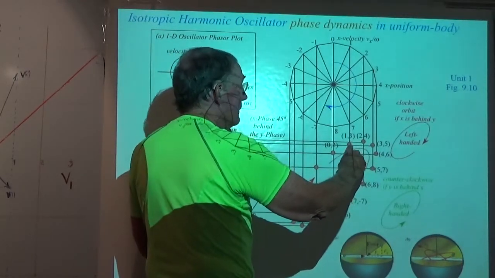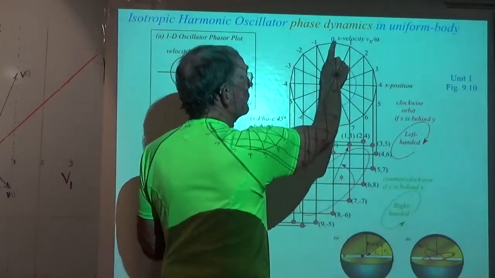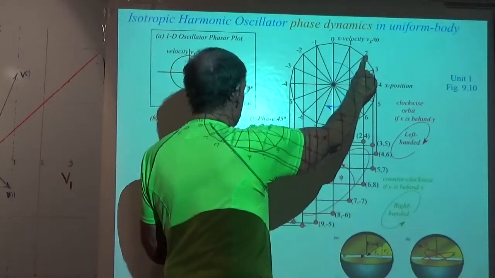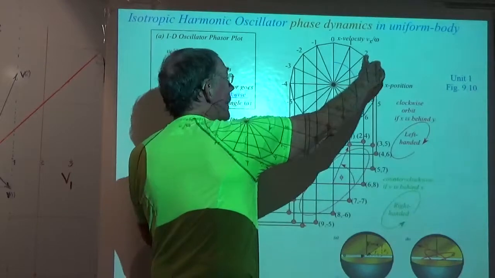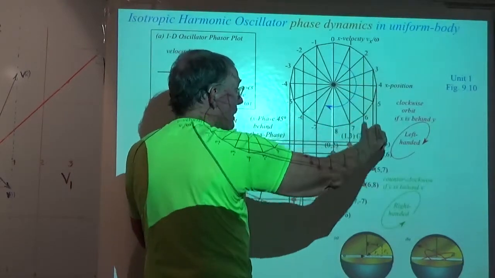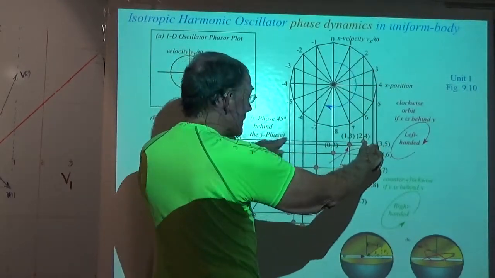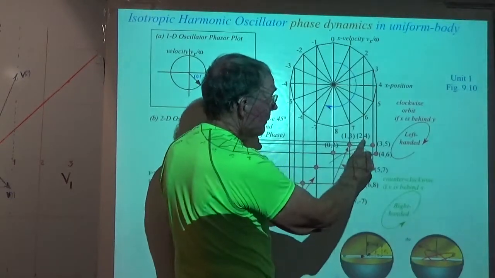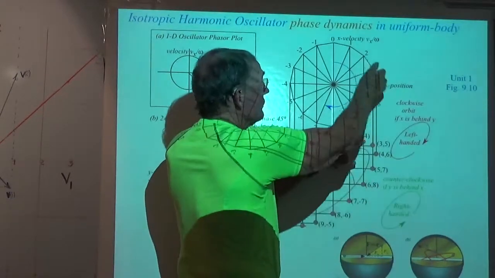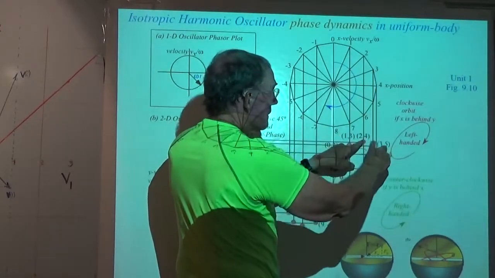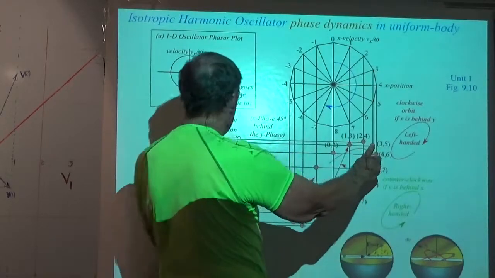ellipse. And that means in the next step, next tick, this one has to tick over to 2, and this one has to tick over to 4. So putting those two lines together is the next point on the orbit. Then this one ticks to 3, okay, and the other one has to tick ahead too.